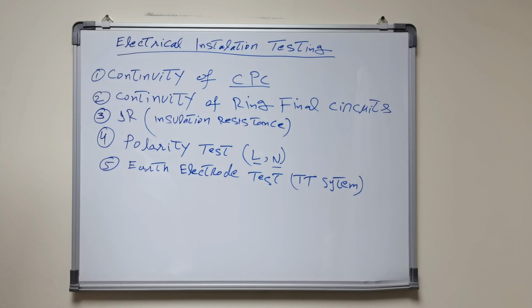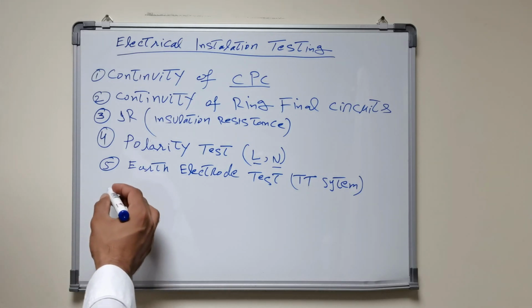For that system, we need to check the resistance of earth electrode to make sure that the resistance is within the limit to operate our protective devices.